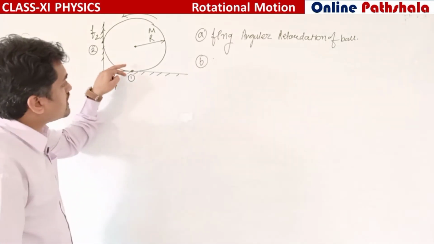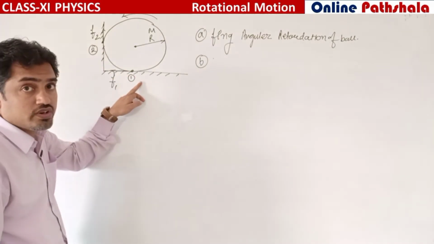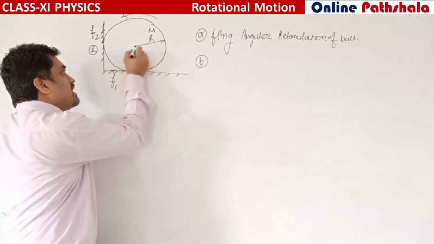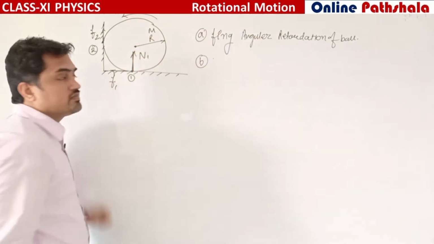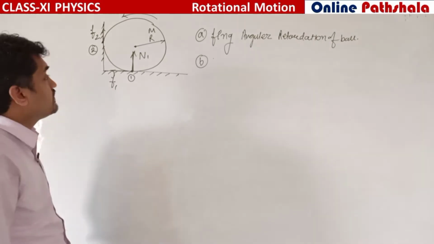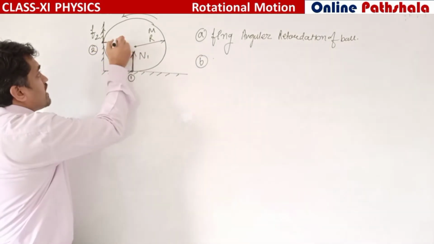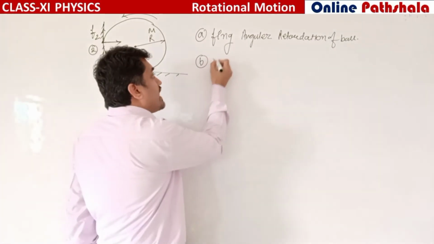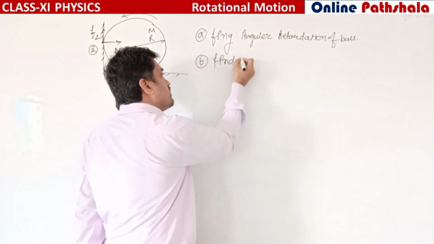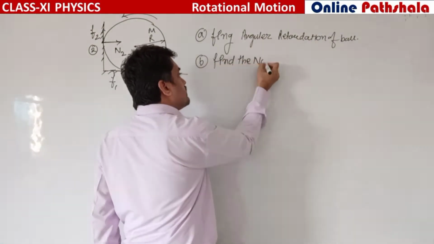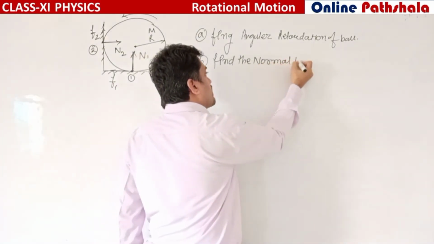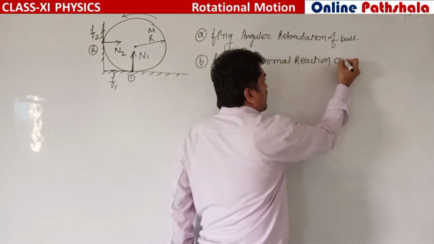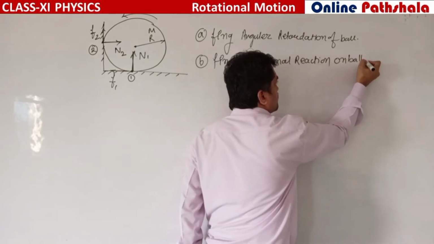Since the ball surface and the horizontal surface are in contact, the horizontal surface will apply normal reaction N1, and the vertical wall will apply normal reaction N2 on the ball. So find the normal reaction on the ball by the walls.